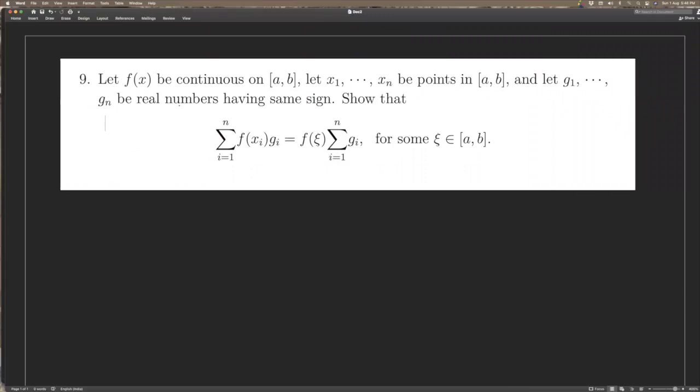Next, let us take the 9th problem. This is also an important problem in our course. We use this problem especially in deriving the error formulas for certain interpolation-based methods.